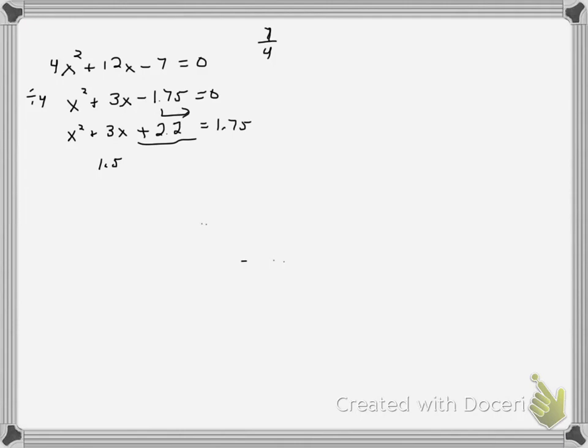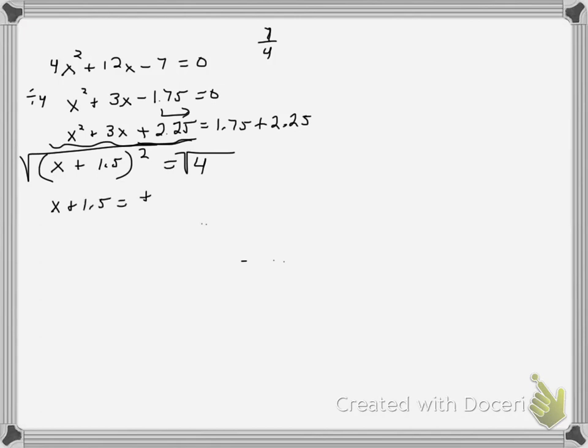Adding it to both sides of the equation. Okay, this becomes then x plus 1.5 squared equals 4. Now we're going to go ahead and take the square root of both sides. x plus 1.5 equals plus or minus 2, and subtract 1.5: x equals -1.5 plus or minus 2.